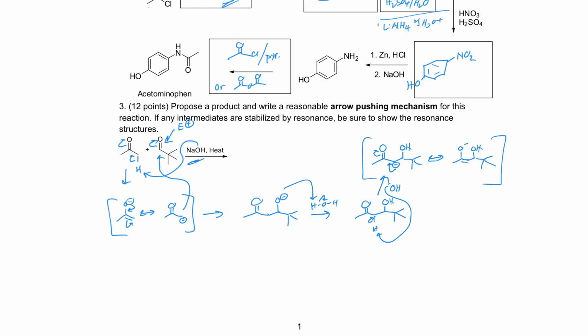So there's some resonance for that. And then I can reform the carbonyl, form the new alkene, and lose the leaving group to make my final product. So if you didn't show me that resonance stabilized anion, you lost I think 2 points for this question. So here's our product, and this is an aldol condensation reaction.